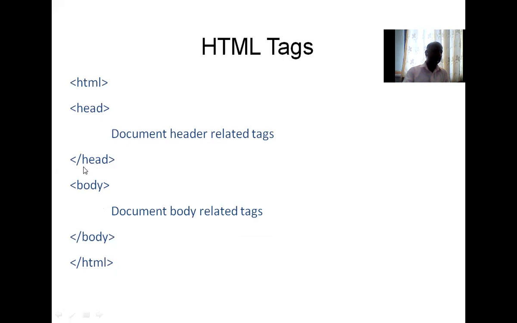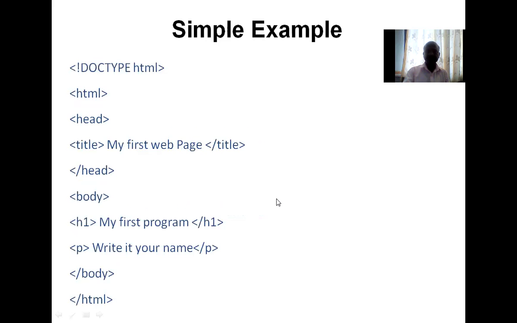Any tag starts with the tag name and ends with a slash and that tag name. And within the body tags there are documents related to the body. This is one simple program.